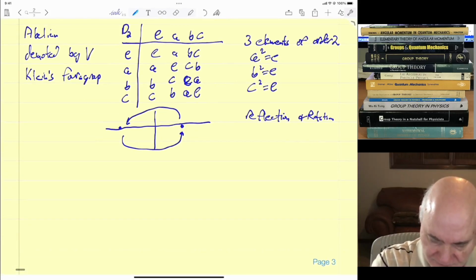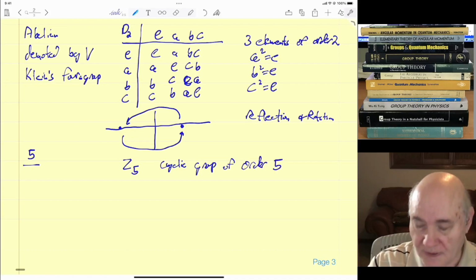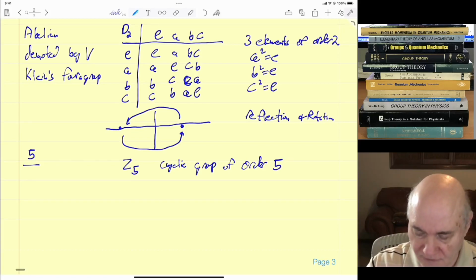Let's go on to order 5. Now there's only one group of order 5, and that's Z5, the cyclic group of order 5. So how do we see this? We'll prove it in a minute or two, but here we use Lagrange's theorem. The order of the element has to divide 5.